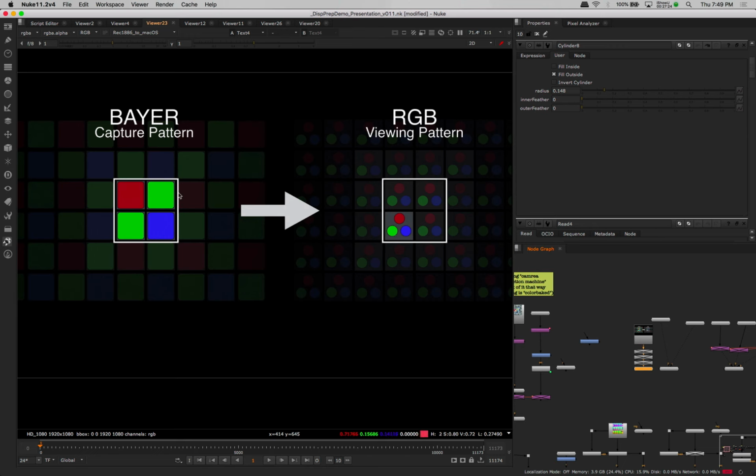Then the red one here, we just move it over. The blue one here, we just move it over. But we need to invent. See, there's some missing now. So we need to invent a red and blue one here. We need to invent a green and blue one here. So that's geometry. It's just filling in a little checkerboard hole.